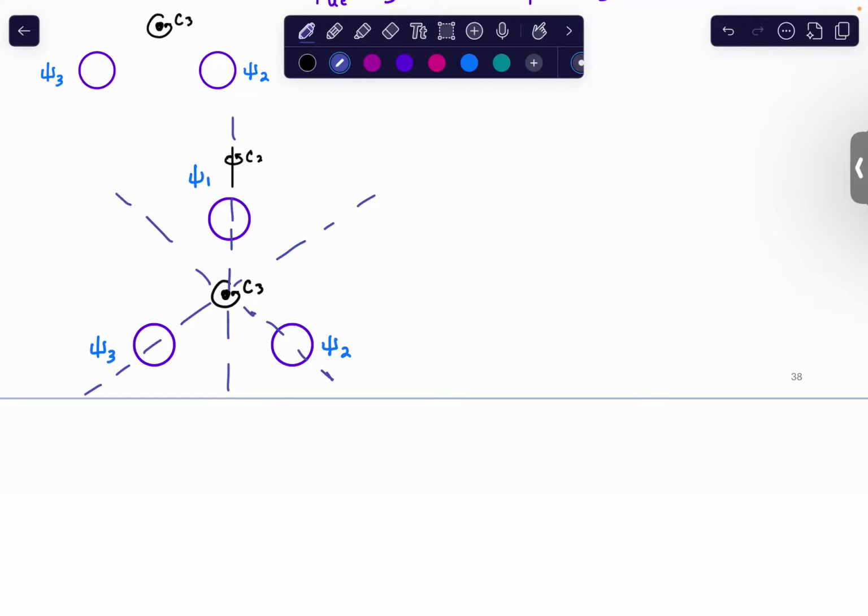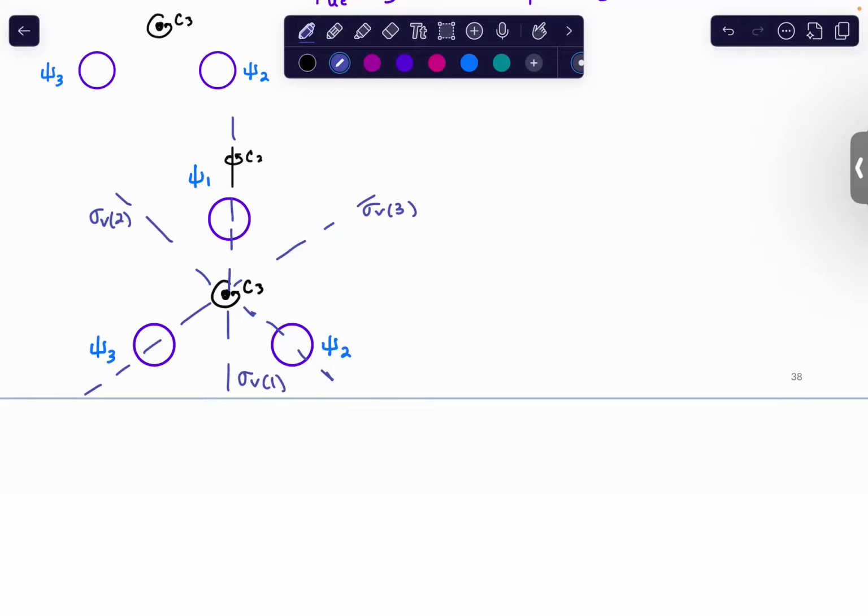So what we have, we're going through sigma v1, going through psi 1, sigma v2, sigma v3.